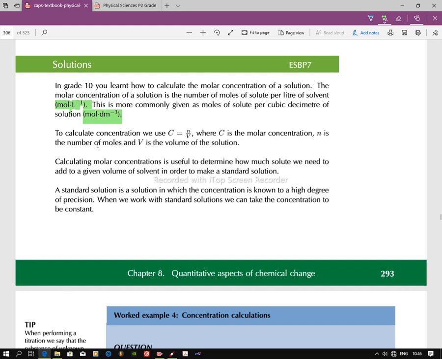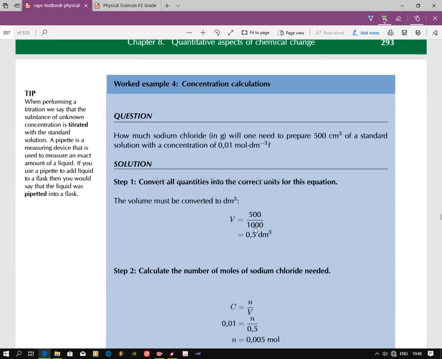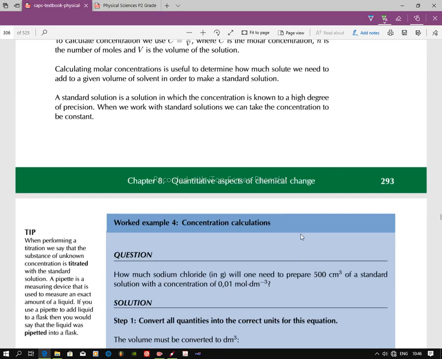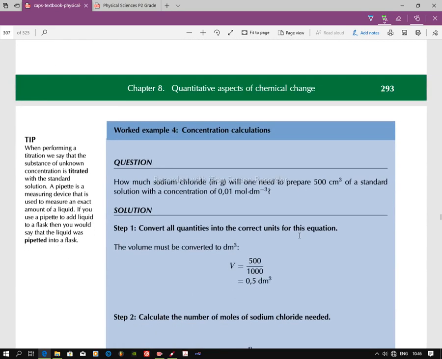A standard solution is a solution in which the concentration is known to a higher degree of precision. Moving forward to concentration, it's not difficult.